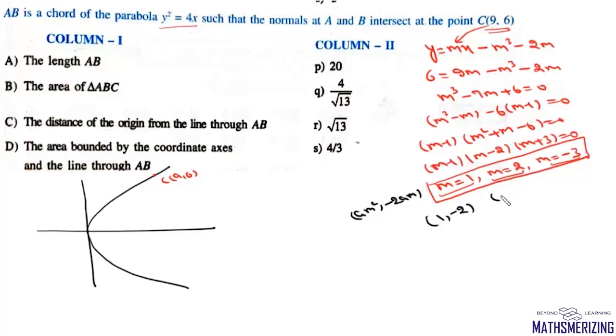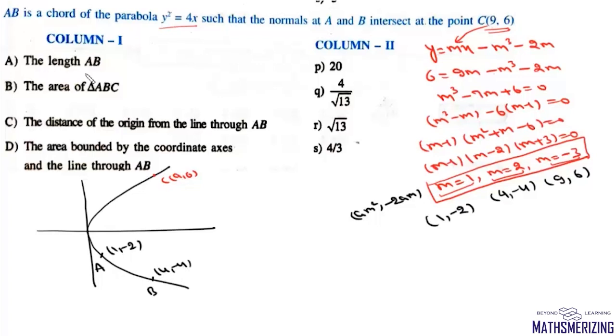If m is 2, we'll get this point as (4, minus 4). And if we take m as minus 3, then we'll get this point as (9, 6). So that means this point C is (9, 6), and then we have 2 points, one of which is (1, minus 2), and that's suppose A. So A is (1, minus 2) and B is (4, minus 4).